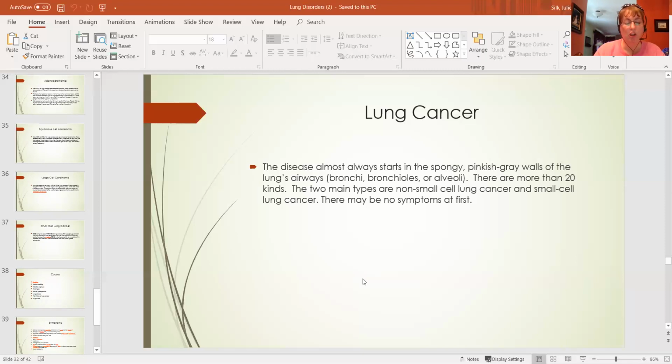Small cell lung cancer is about 10 to 15% of all cancers. So it's not a huge percentage. It also can be called oat cell cancer. And the problem with this type of cancer is that about 70% of people, when they find out that they have it, usually it's already spread by that point.